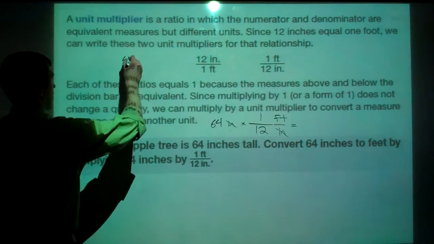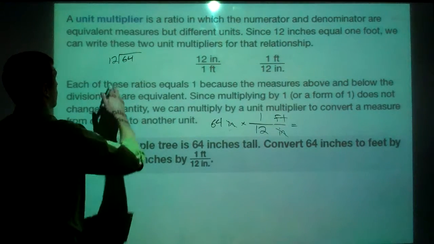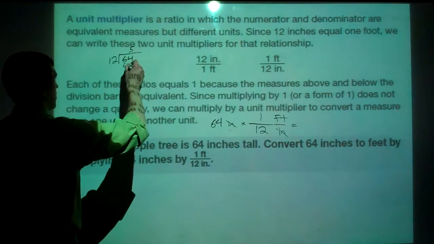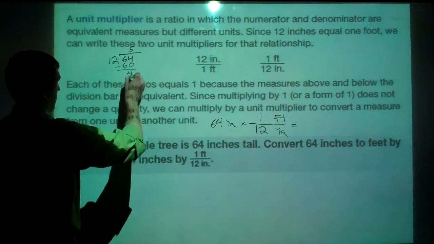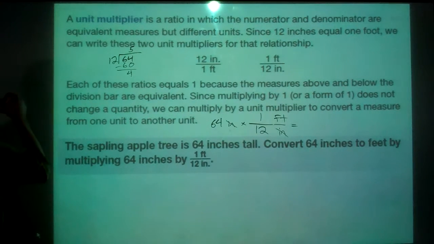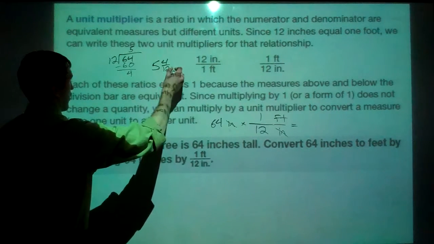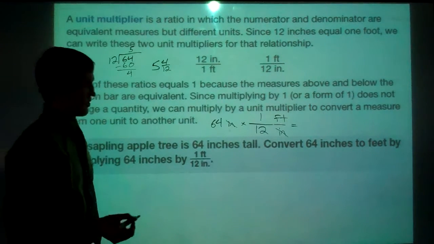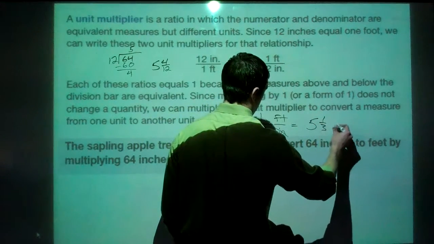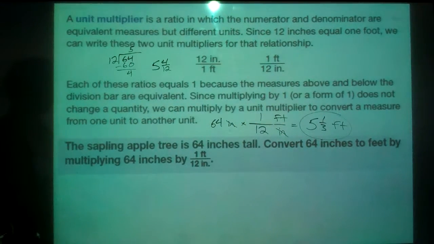So let's take a look at that. We should get a mixed number. 12 goes into 60 5 times. We'll subtract, and we won't do the decimal. We'll go 5 and 4/12 feet, and 4/12 reduces to 1/3. So this would be 5 and 1/3 feet. Alright, and that's how we would convert that.